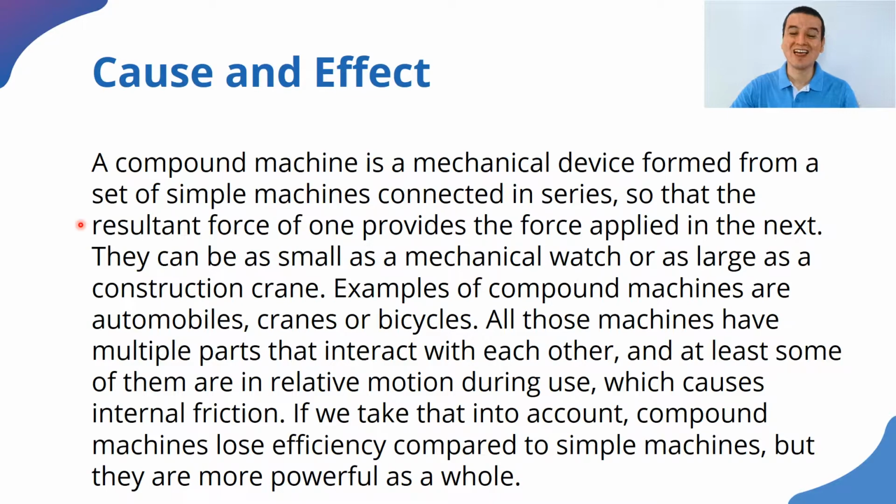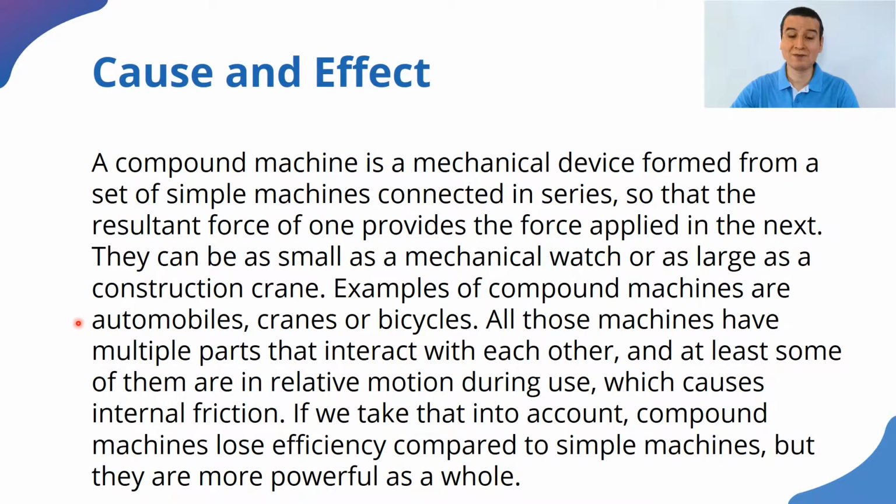Yes. They can be as small as a mechanical watch. That's a compound machine, of course. Or as large as a construction crane. Big or small, they are compound machines. Examples of compound machines are automobiles, cranes, or bicycles.